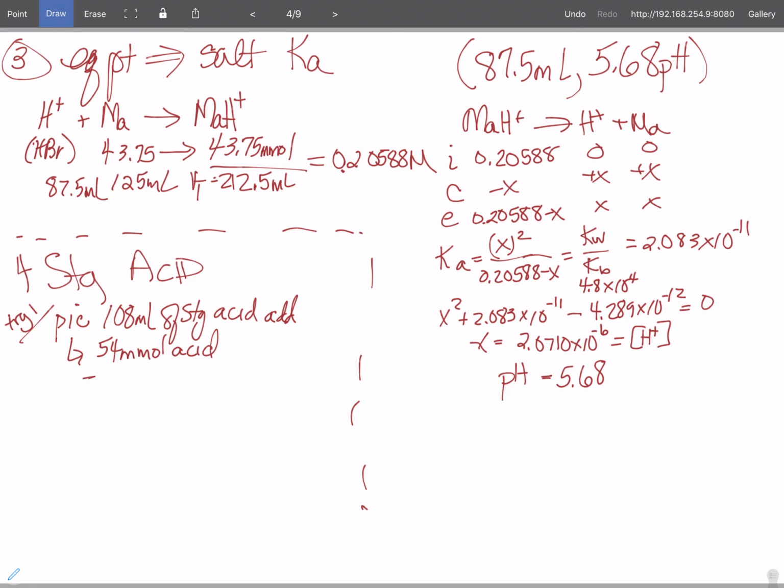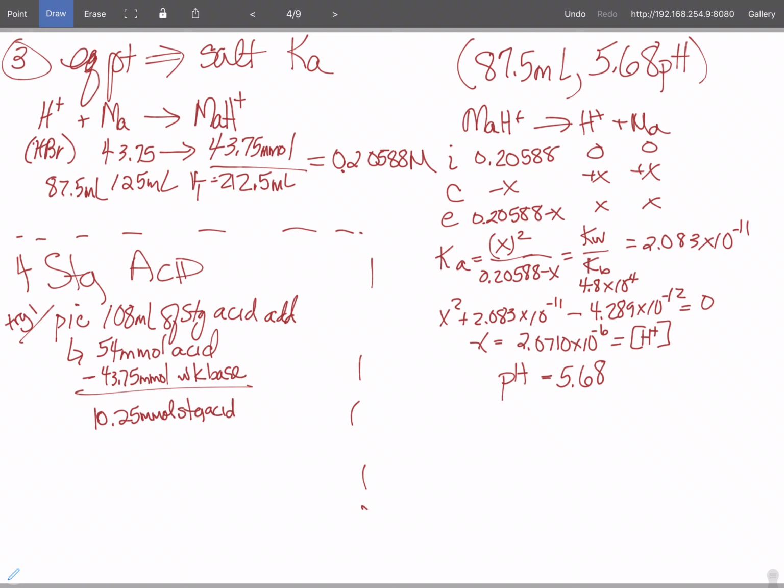We used up 43.75 millimoles of our weak base. So we are left with a total of 10.25 millimoles of strong acid.